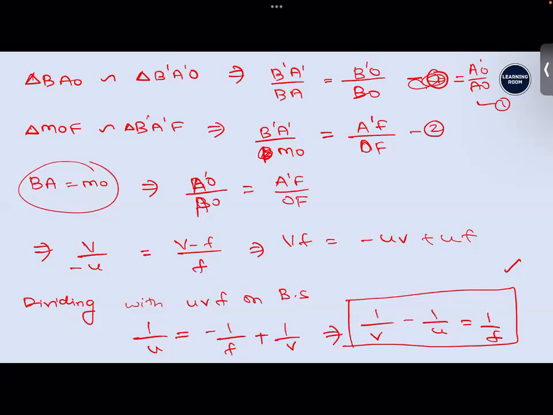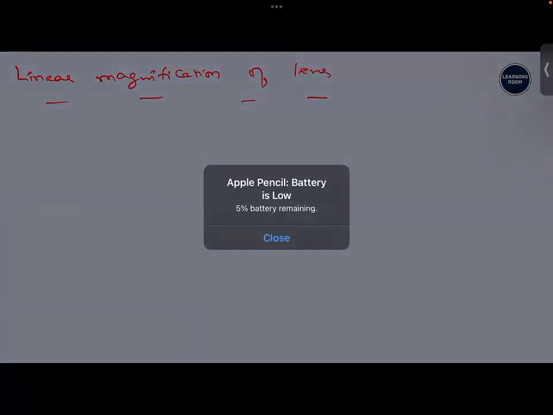Okay. The next part is linear magnification of lens. How is it defined?